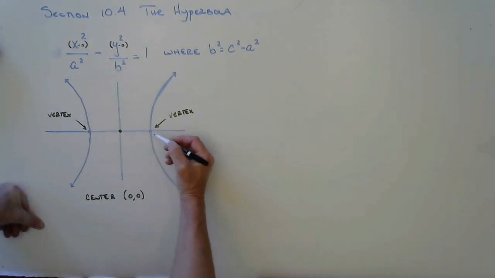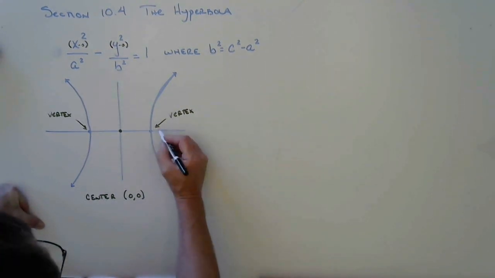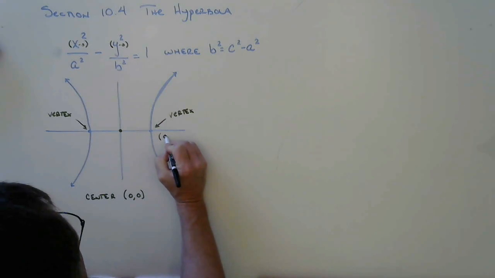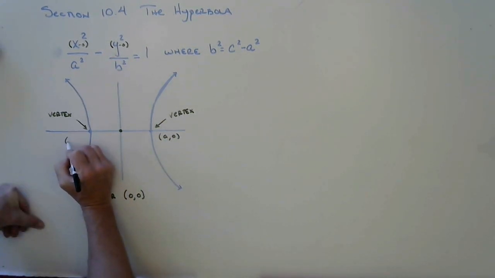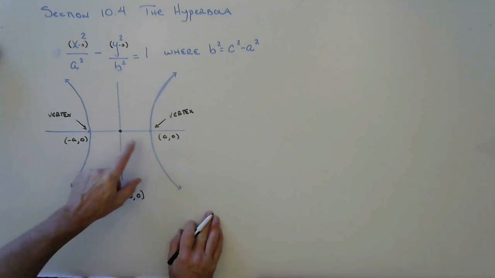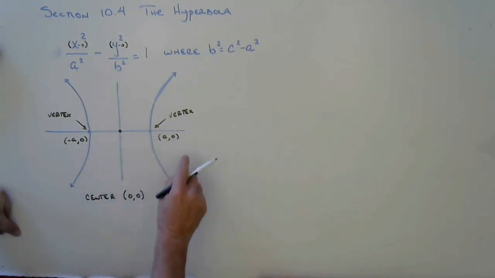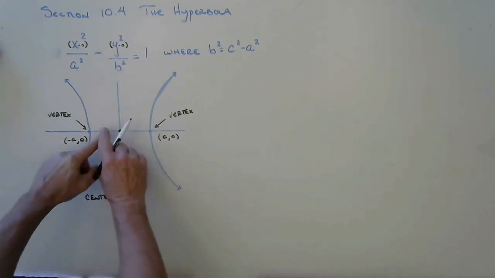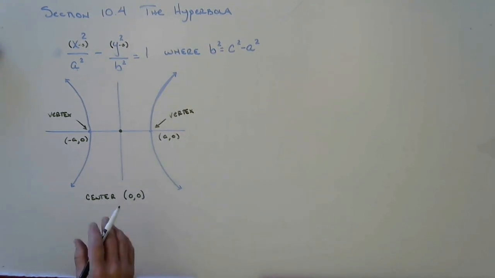So our vertex is going to be the point a, 0, and over here, negative a, 0. And that a, of course, is under the x, so that's how far we move in the x direction. We call this the transverse axis. The transverse axis is the axis that goes through the two vertices of a hyperbola.